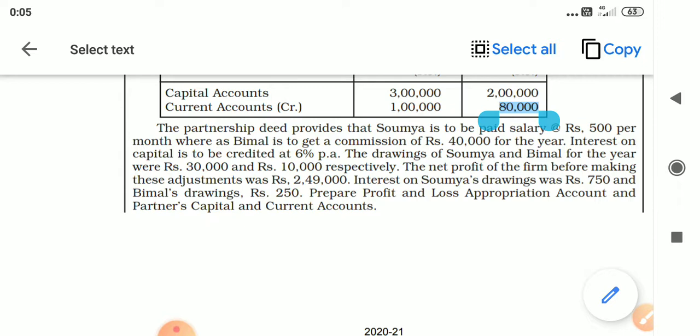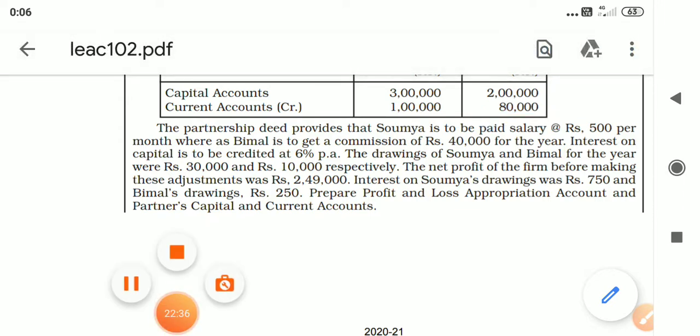But interest on drawings will be transferred to the debit side of partners current account. Immediately a bulb should glow. Madam, drawings will also come. So drawings will also be transferred to the debit side of partners current account. Find the balancing figure. Okay.